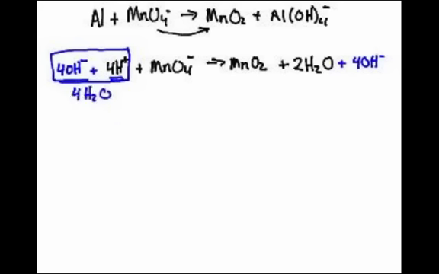So this essentially goes away right here, and this becomes 4 waters. But make a note here: I have 4 waters here, and I have 2 waters here. We can cancel out 2 waters from both sides. So the 2 waters on the left side go away, and 2 of the waters go away here, and so this now becomes 2 waters on the left side. Now we have everything balanced.